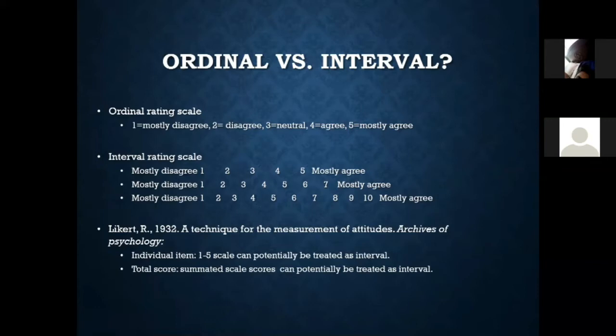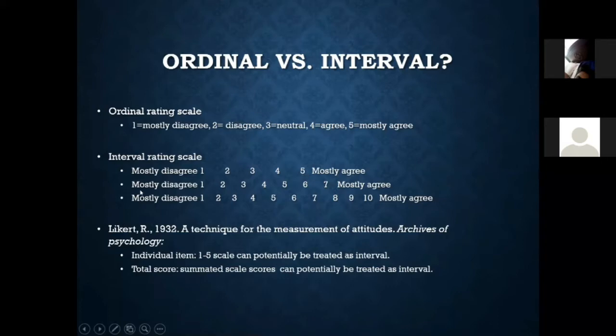Because it is ordinal, each category has a name pointed to it. But if you are using an interval rating scale, you only have mostly disagree at one end, then 1, 2, 3, 4, 5, and at the other end you have mostly agree. So the participant can indicate their agreement between 1 and 5 according to their perceptions.